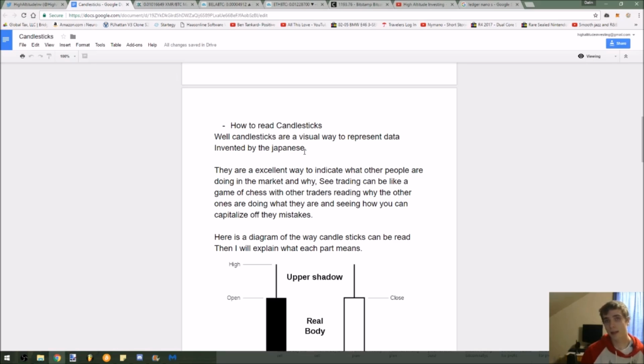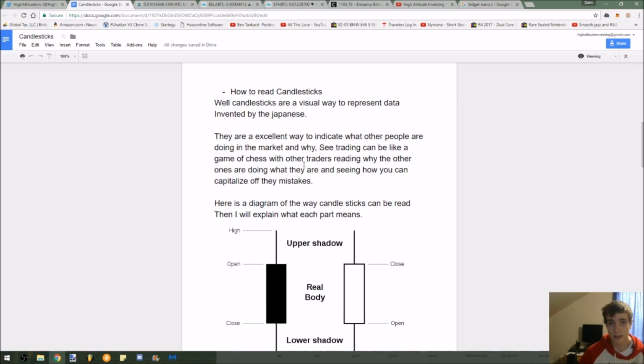Now, how to read candlesticks. That's the very first thing. It's really important to understand how to read candlesticks. Like I said, they're a visual way to represent data, invented by the Japanese. They're an excellent way to indicate what other people are doing in a market and why, because trading can sometimes be like a game of chess with other traders, reading why the other traders are making the moves that they are.